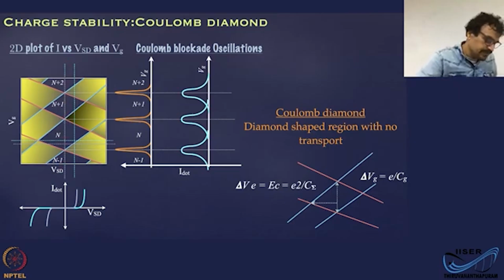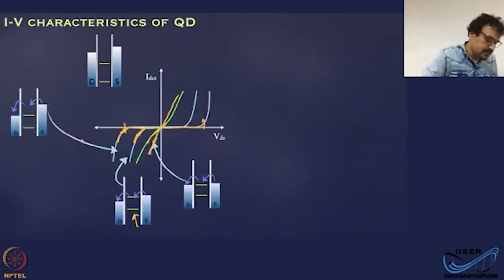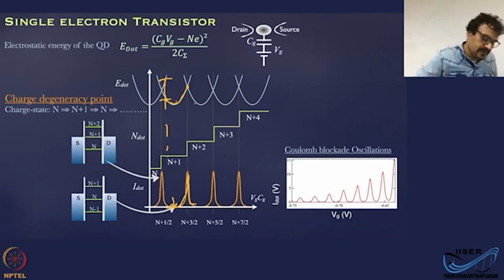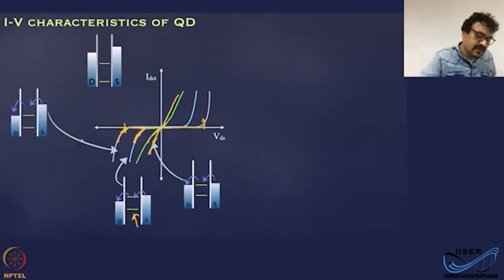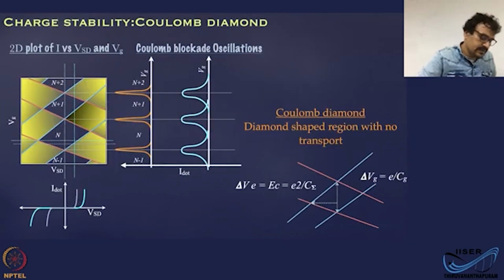So we know in the middle we have very small bias, and you are varying the gate voltage, and that is what you have done before, where you apply a very small bias and vary the gate voltage, and you're going to get a sequence of oscillations. That is what you're seeing here. Okay.